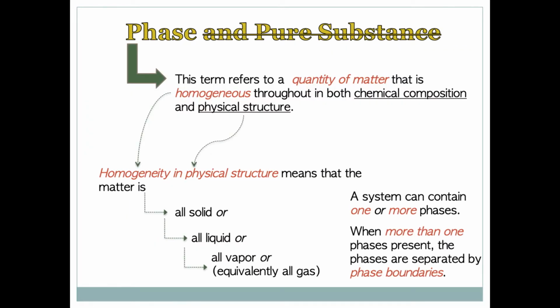Now let's go to the next topic, which is phase and pure substance. First, we try to understand the term phase. This term refers to a quantity of matter that is homogeneous throughout in both chemical composition and physical structure.